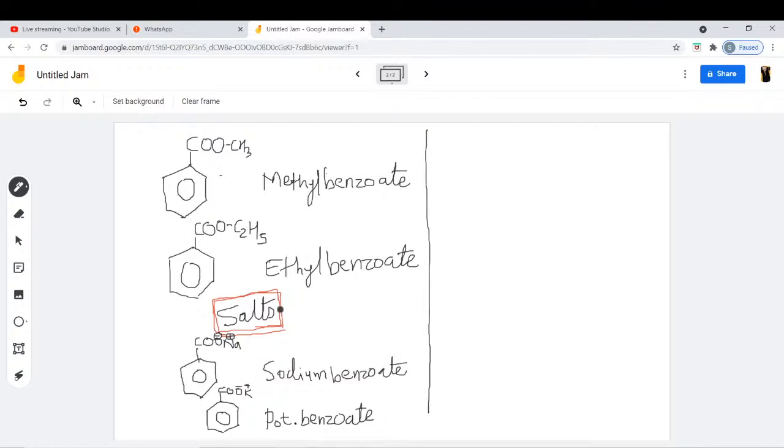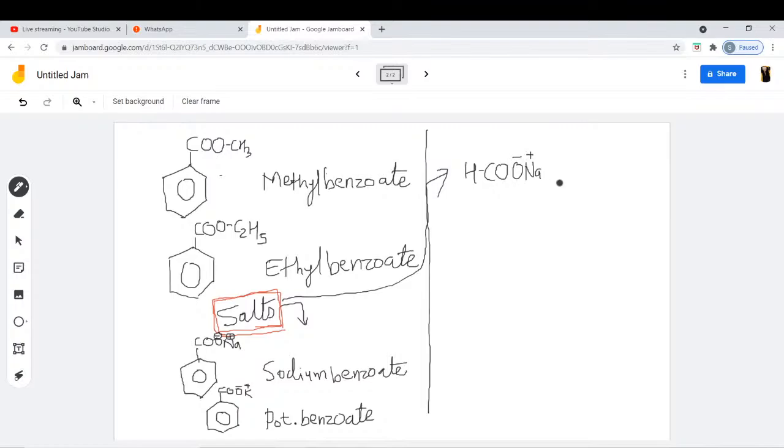Aliphatic salts. Example: HCOONa, plus and minus.